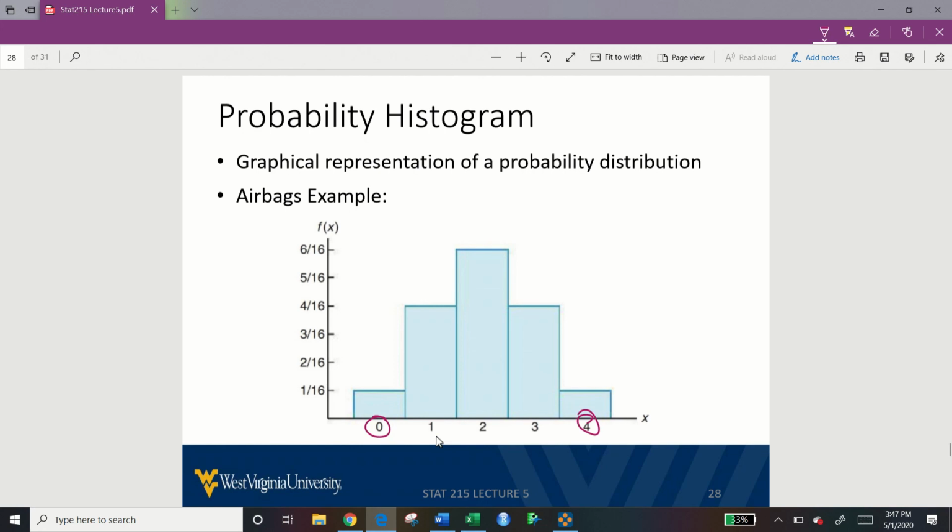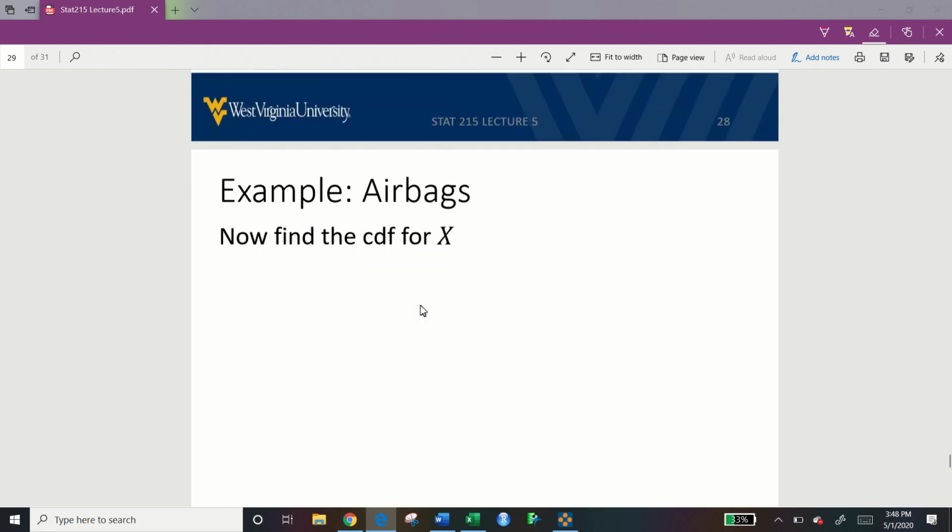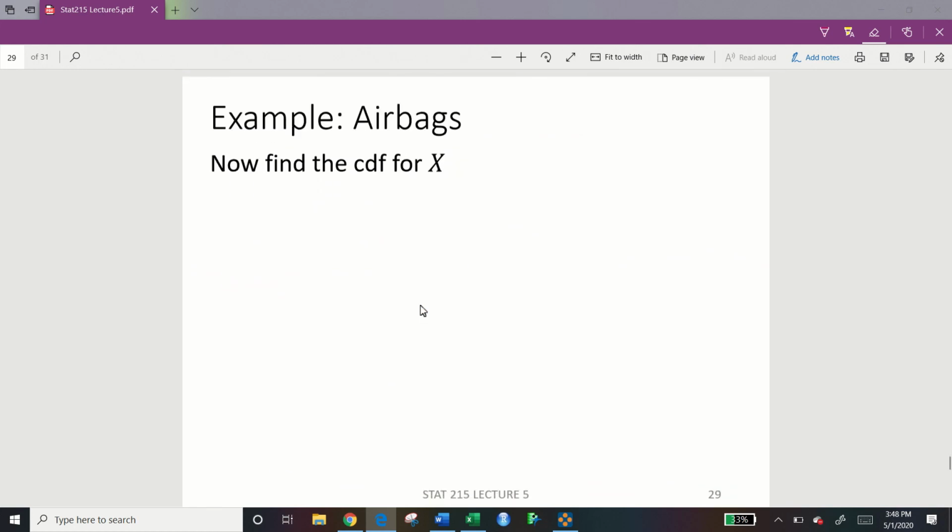There was a 4/16 for 1 and 3 airbags of our cars selected, and a 6/16 when we have 2 cars, or X equals 2. Again, this is just a nice visual way to draw ourselves a histogram.